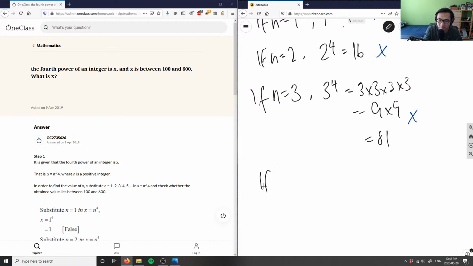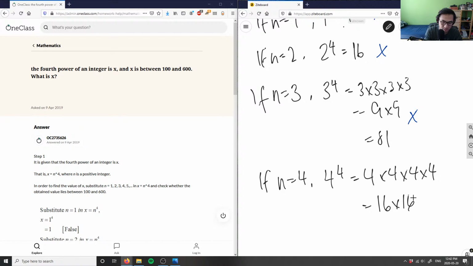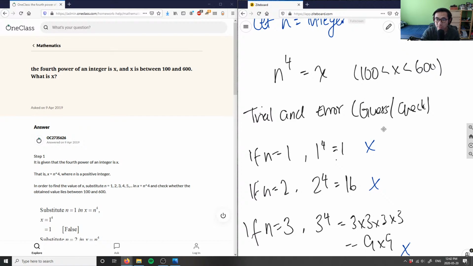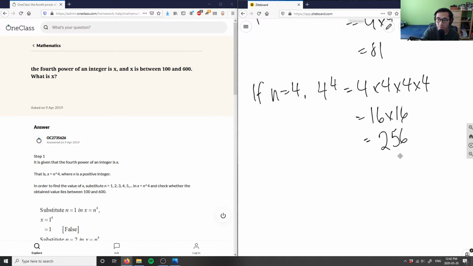We basically just keep checking, right? We increase our n value by 1 every time and we check. For 4, we have 4 times 4 times 4 times 4, which is 16 times 16. This gives me a value of 256. So n equals 4 does satisfy this because it's between 100 and 600, which is great.